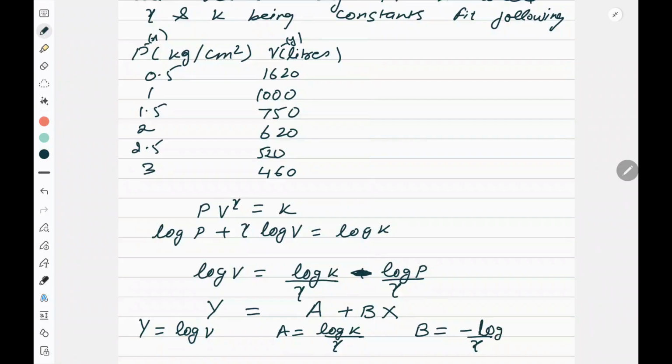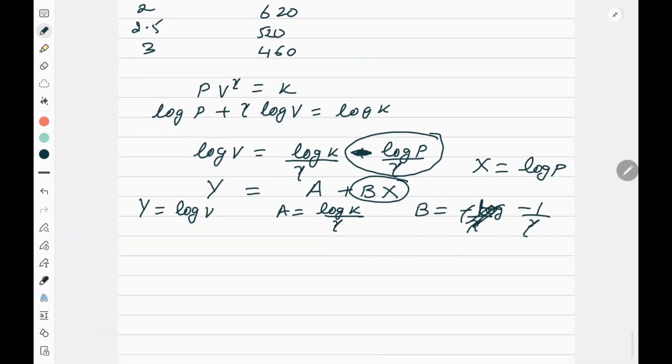And log p, or I can say that bx, see, compare here, this term is there and I am replacing it by bx. So I can say that capital X is equal to log p. Okay, capital X is log p and b is only minus 1 by gamma. Correct? So that will simplify the things.